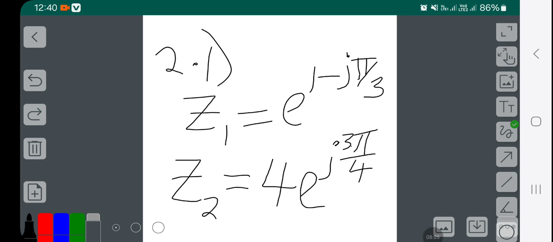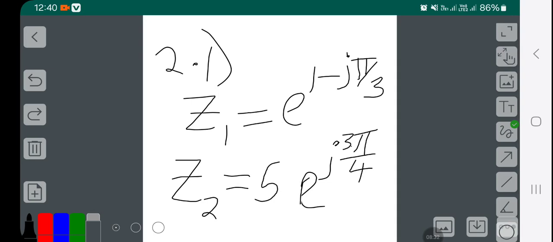So here I'm just going to change it. My z2, I can say 5 e^(j 3 pi over 4). I'm going to change only this radius, I'll just use 5 there.